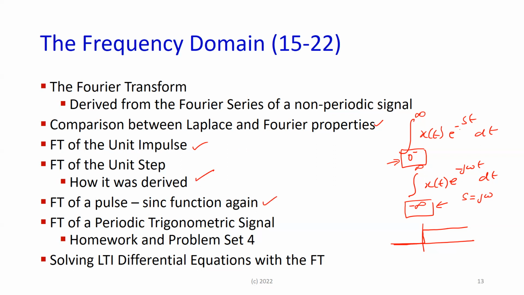Then we did the Fourier transform of a pulse, and that's where we met the sinc function again. The pulse went from minus a over 2 to plus a over 2, and the height is 1 over a, so that the weight or the area is 1.